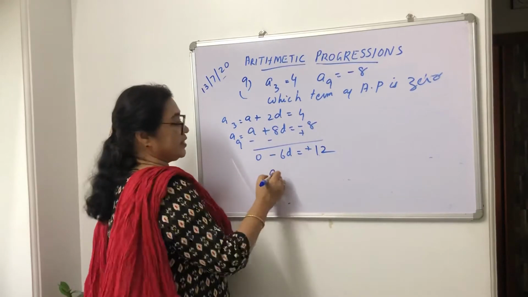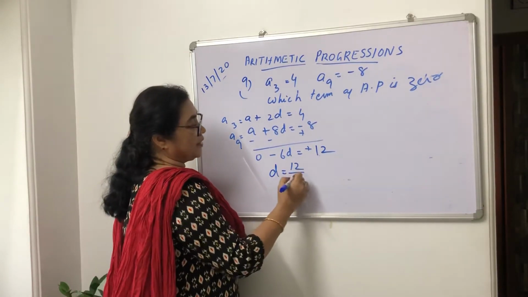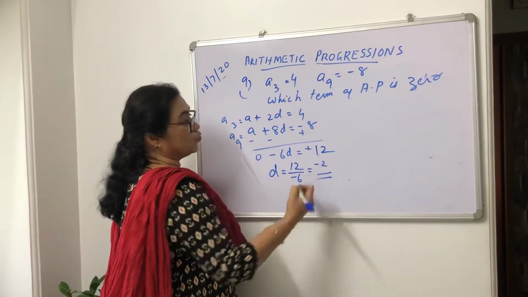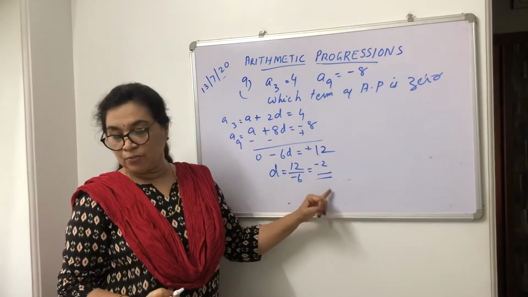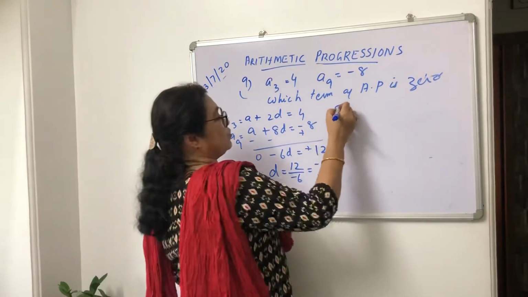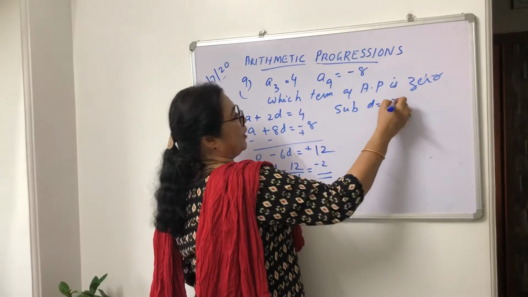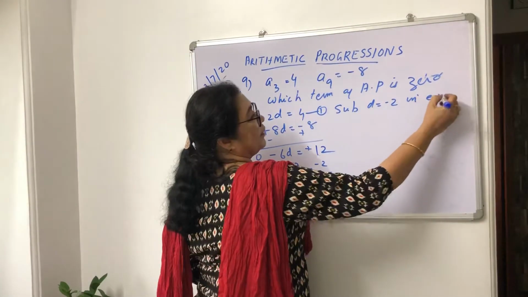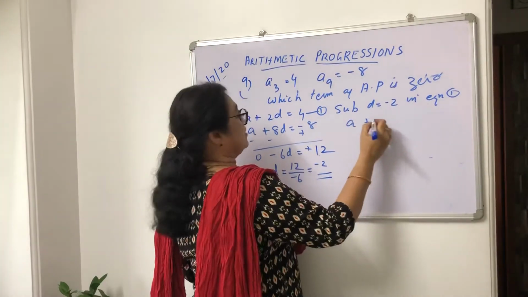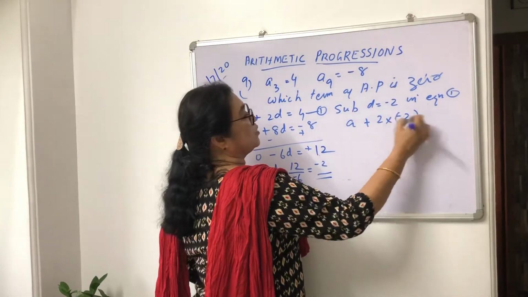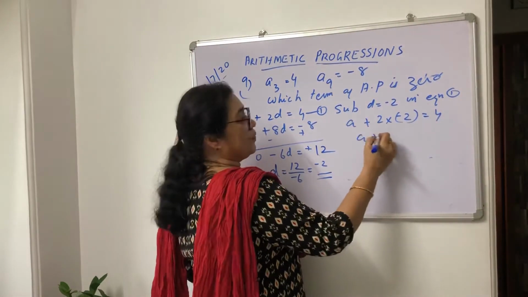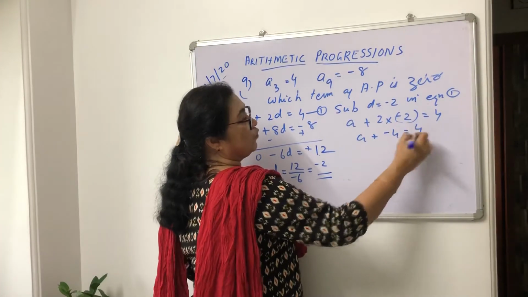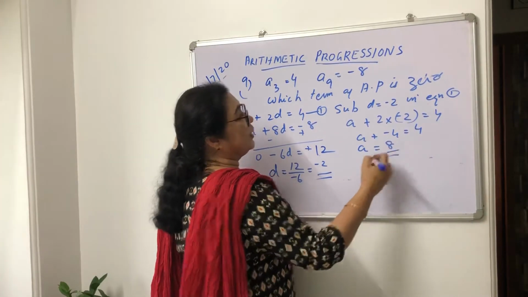So D is equal to 12 by minus 6, which is minus 2. Then substitute D is equal to minus 2 in equation 1. So A plus 2 into minus 2 is 4. So A plus minus 4 is 4, that is A is equal to 8.